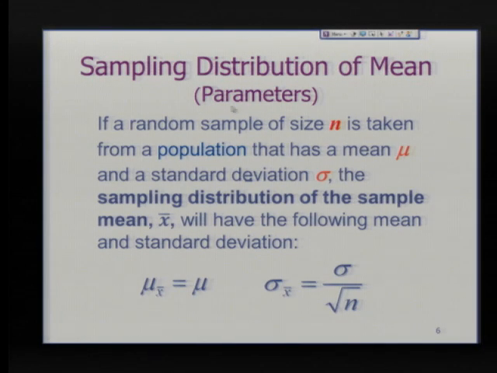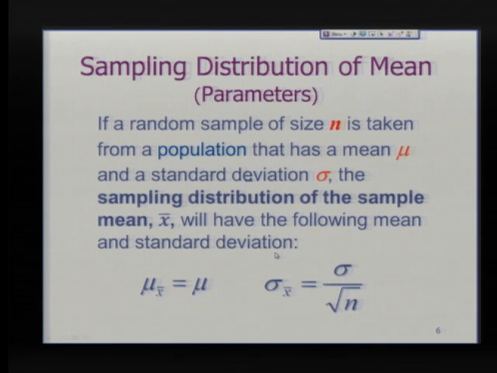If you take a random sample of size n from a population, and this population has a mean mu and standard deviation sigma, if this information is known, then the sampling distribution of the mean will have a distribution that has a mean that's the same as the mean you try to estimate, that population mean. And the standard deviation for the sampling distribution of the mean, or probability distribution for sample mean, will be the standard deviation of the population, sigma, divided by the square root of sample size. So this is a known theorem.